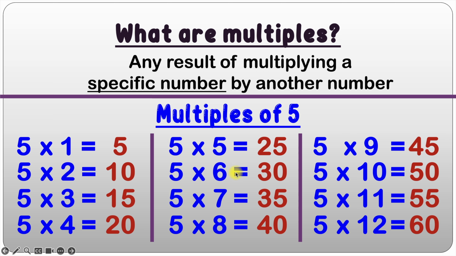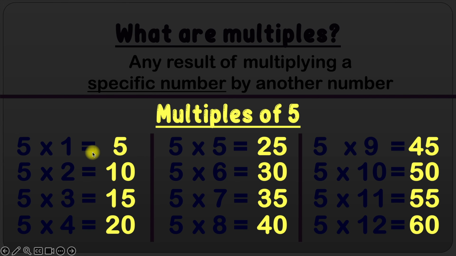So for each of these, whenever we multiply 5, because we're talking about finding the multiples of 5, whenever we multiply 5 by another number, the result of that multiplication is a multiple of 5. So all of these results from multiplying 5 by another number are multiples of 5.